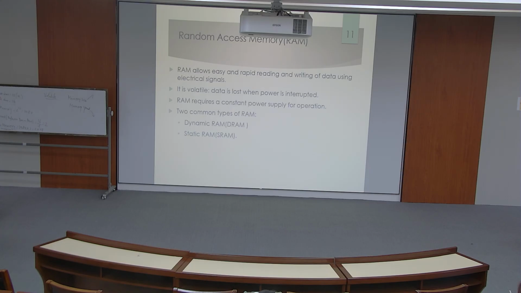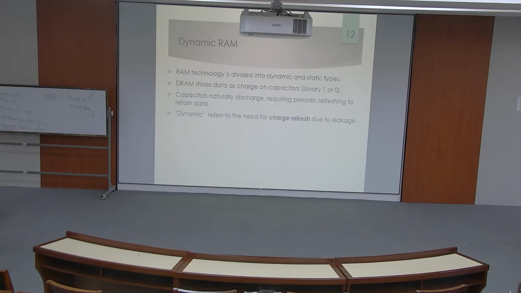We have two types of RAM, DRAM, dynamic RAM, and static RAM, SRAM. Now we're going to talk about the difference between DRAM and SRAM. DRAM stores data as charge on capacitors, representing binary 1 or 0.